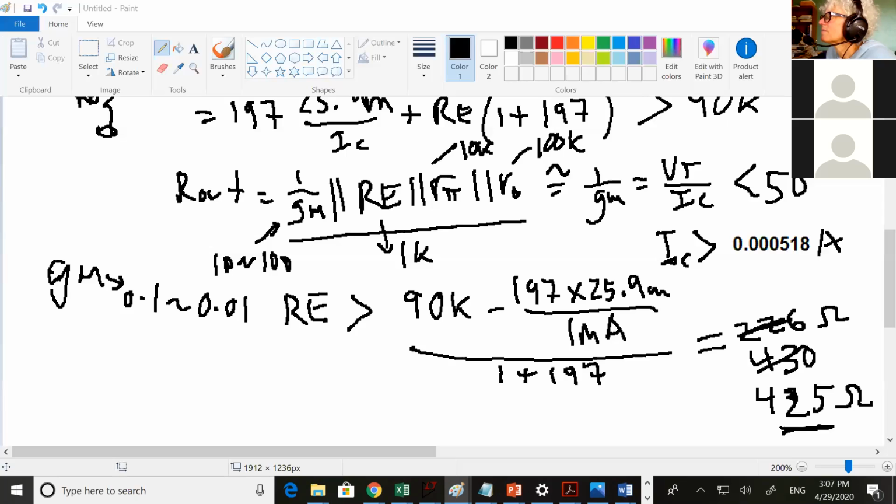So VBE is the same as the voltage across the dependent source because you're grounding the DC source. Exactly. Okay, so the voltage is the same. Technically it's negative VE. VBE becomes negative VE whether it's across R pi or across the dependent source itself.